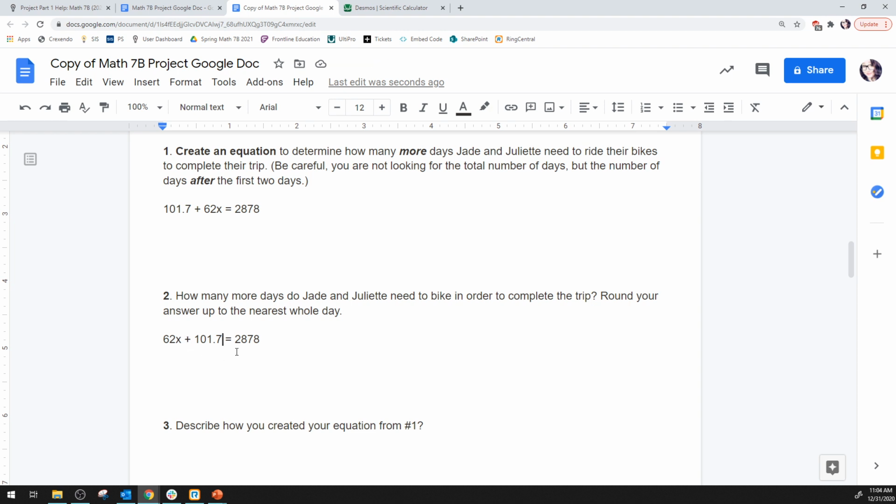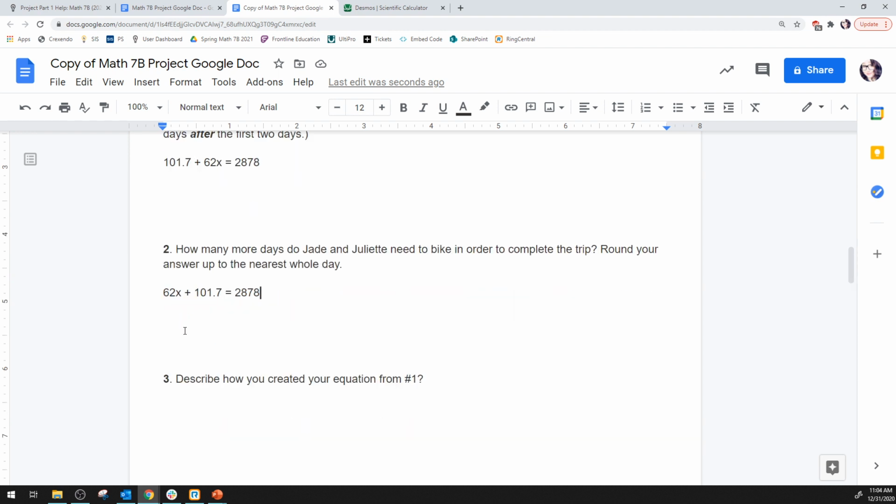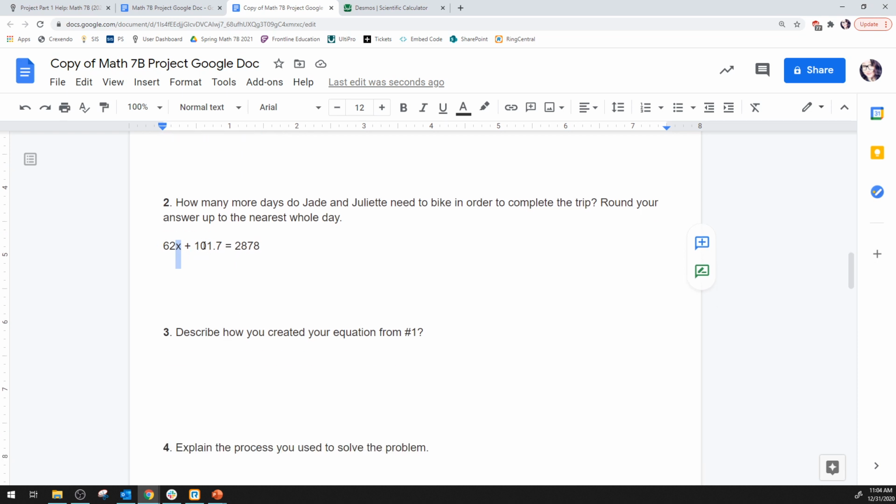We're going to subtract the 101.7 from both sides, and then we're going to divide that number by 62. If you need help on this step, let me know. But again, we're literally just solving for this x here. So all we're doing is solving for this variable for number 2. So this is not your final answer. You need to solve for the x.